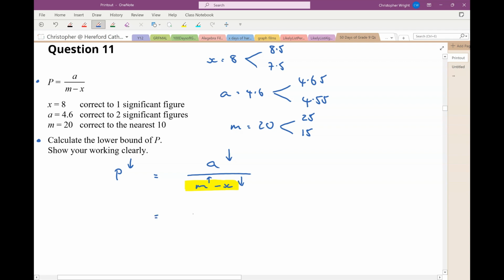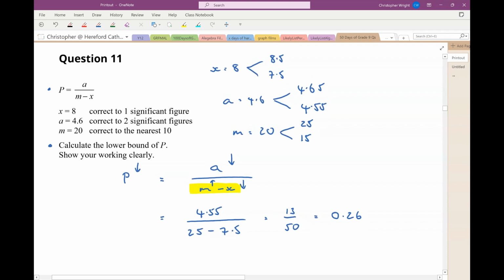So that's going to be the lowest possible a, 4.55, divided by the highest possible m minus the lowest possible x. Right, so on my calculator, 4.55 on the numerator, 25 minus 7.5 on the denominator gives me 13/50ths, which of course you could write as 0.26 if you wanted to. And that is question 11 done.